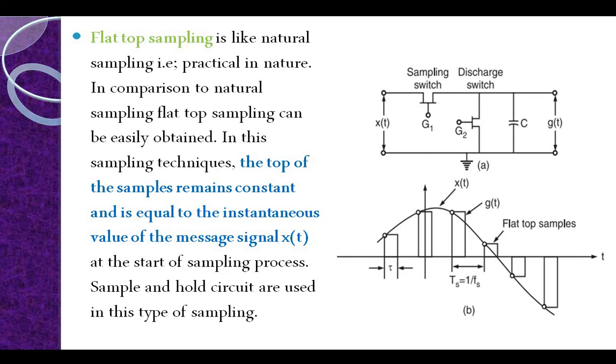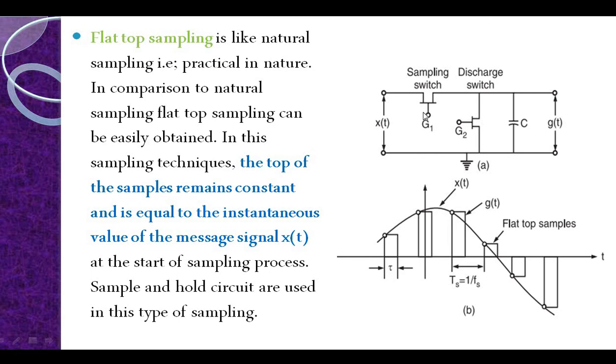Suppose 5 volts is the amplitude value of your message signal; then the capacitor also charges up to 5 volts, quickly. Now after that, the sampling switch is open. Now this switch gets opened. This is for one pulse we have given.